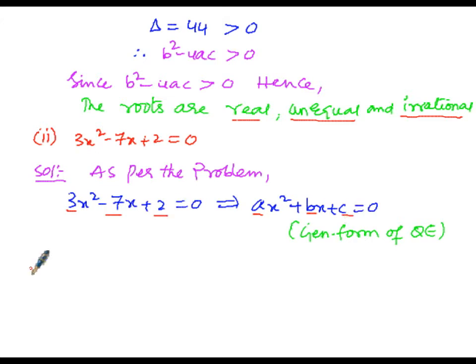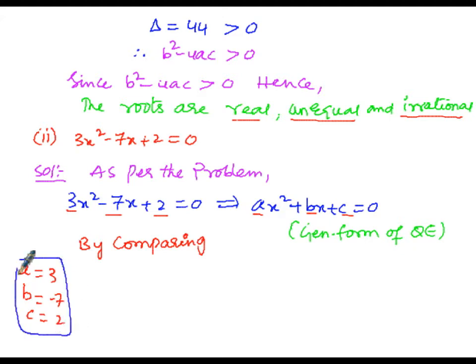So by comparing, we can write a as 3, b as minus 7 and c as 2.